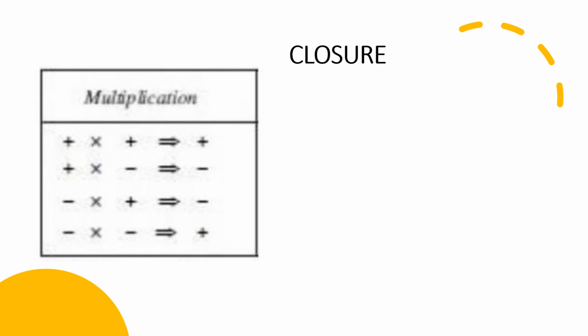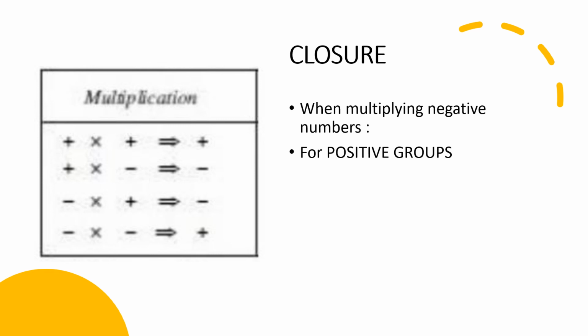And in the middle here, we have where the signs are different. And keep in mind that even if next class we look at where the negative is in front, right? We see that either way, once the signs are different, we're going to end up with a negative sign. So in closure, when you multiply negative numbers for positive groups, which we looked at today, next class we look at for negative groups.